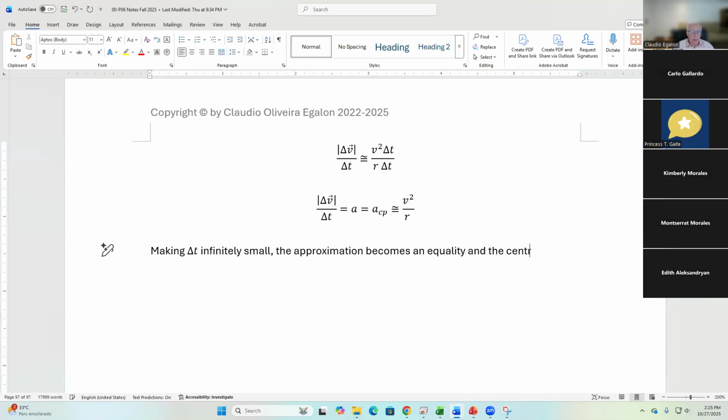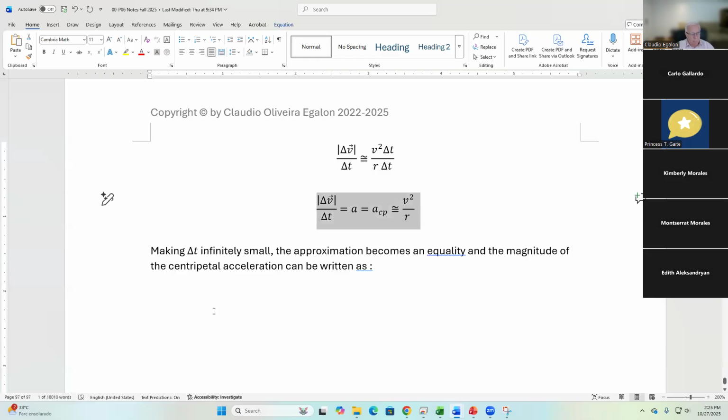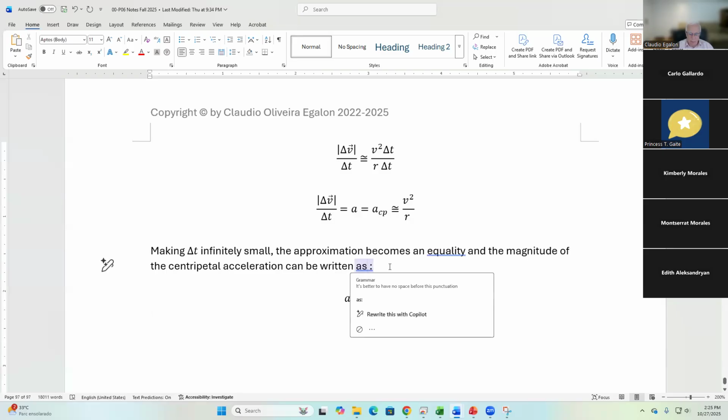And the magnitude of the centripetal acceleration can be written as V squared over R. And that's how we derive the equation for the centripetal acceleration.